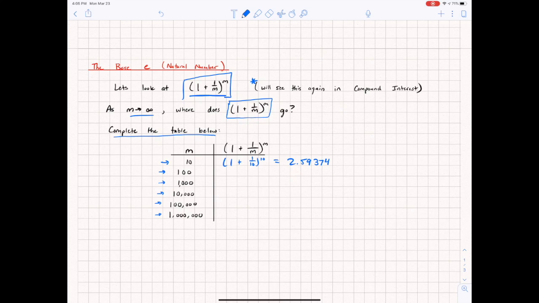Now I'm going to plug in 100. So I've got (1 plus 1 over 100) to the 100. I get 2.70481.